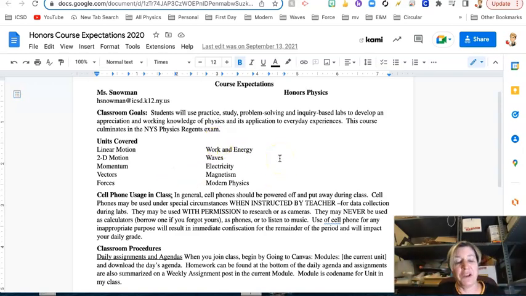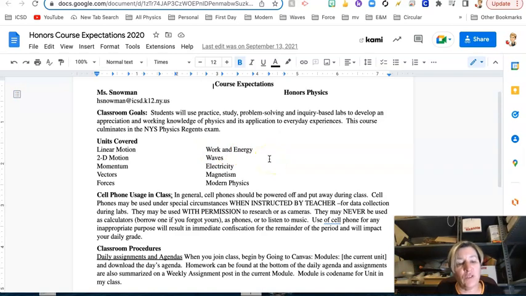And then from there, we move on to momentum and energy. We do an egg bungee lab where kids design a bungee cord for an egg to give it the biggest amount of excitement, and use properties of work and energy to determine how long to make that bungee cord.